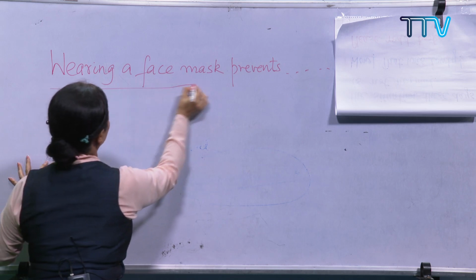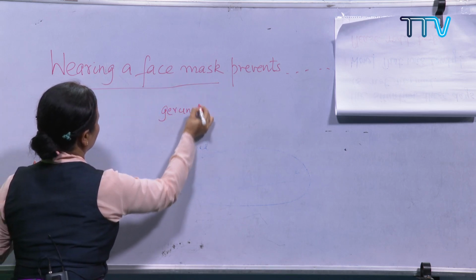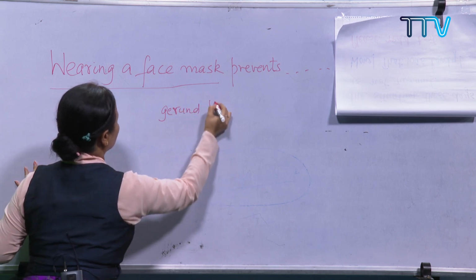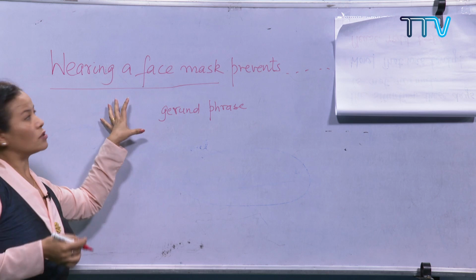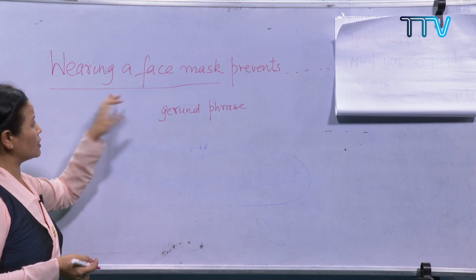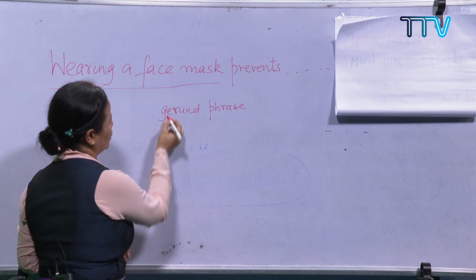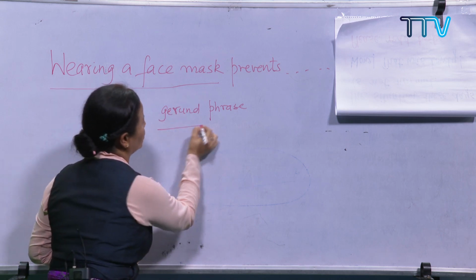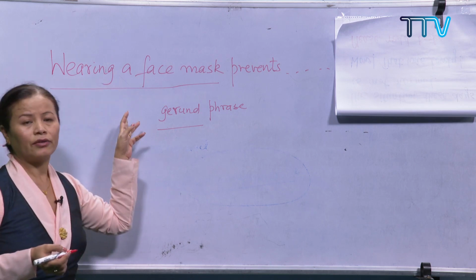This part is a gerund phrase. I want to highlight this because yesterday there was a question asked by one of the viewers about gerund. So wearing here is a gerund, right?